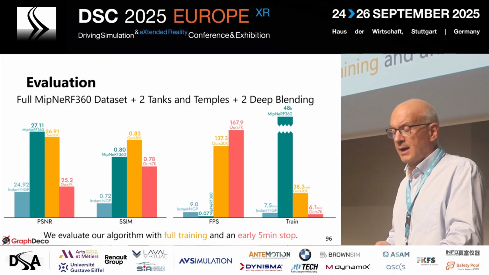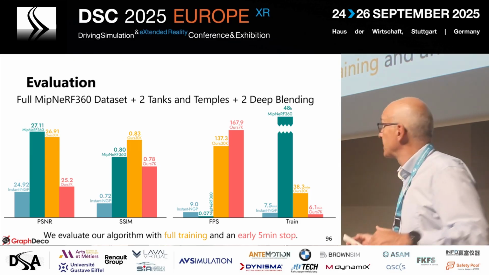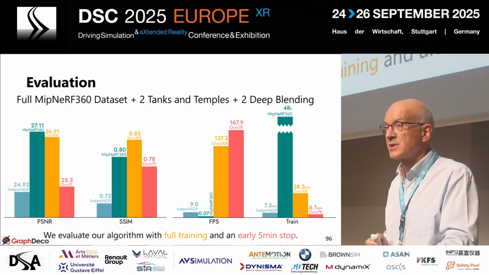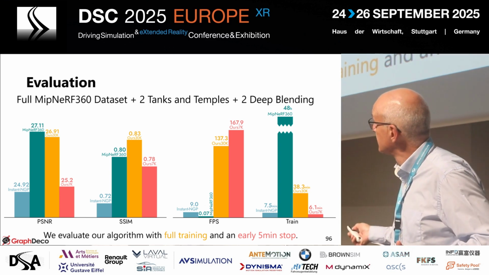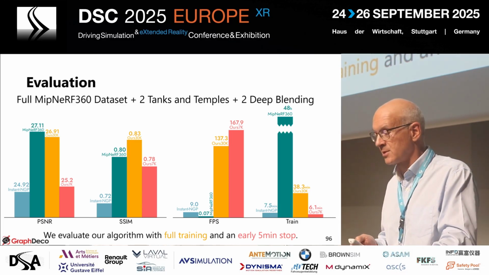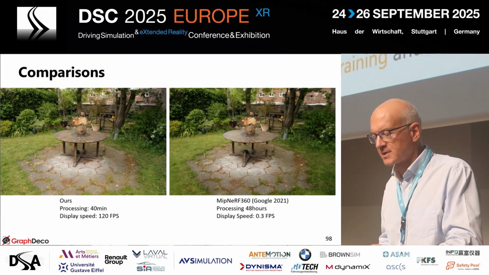So we said, okay, we can spend as much time as instant NGP to do the optimization, so 6 compared to 7 minutes, and let's see what happens. We have slightly better quality in the metrics, but visual quality a lot better, and we're still much faster in terms of rendering. The only problem at the time was memory consumption, which has been solved since.